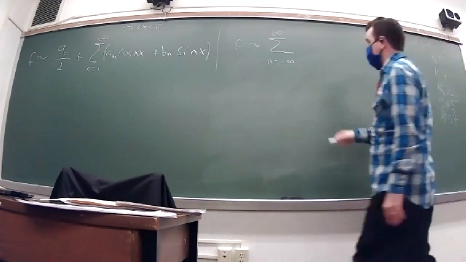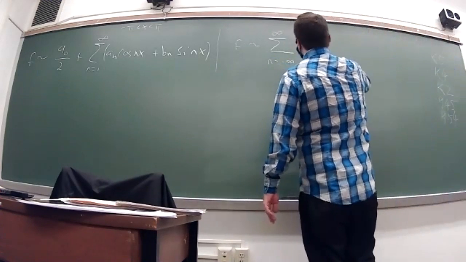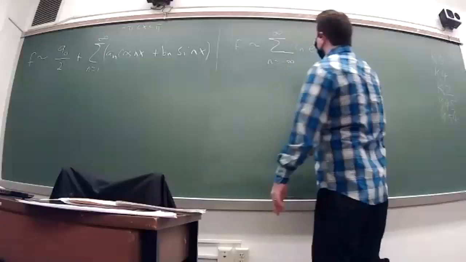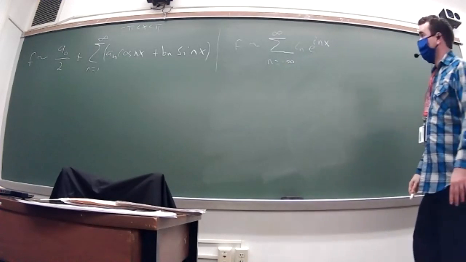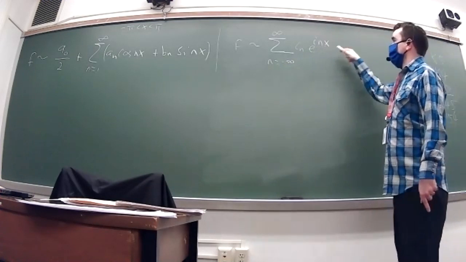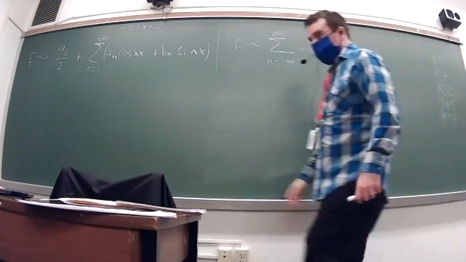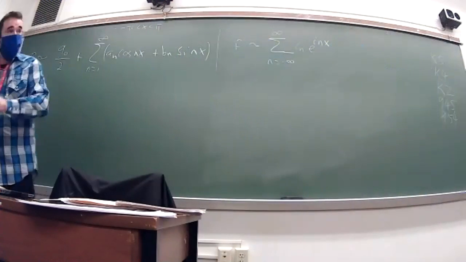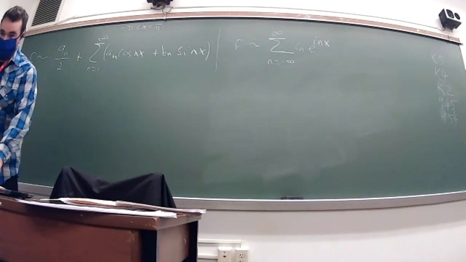And I'm going to look at c_n times e to the i n x. In your mind, you should recognize this as cosine theta plus i sine theta. And that's also a Fourier series if you like.